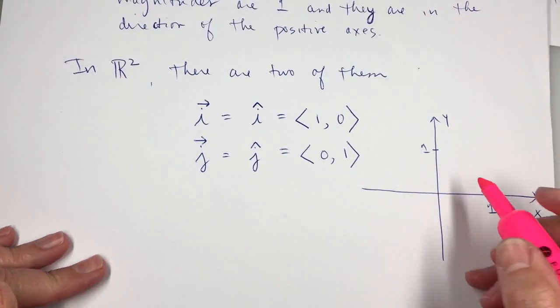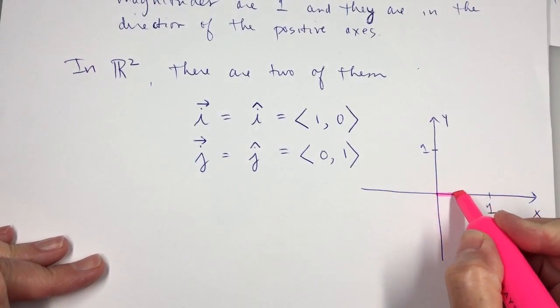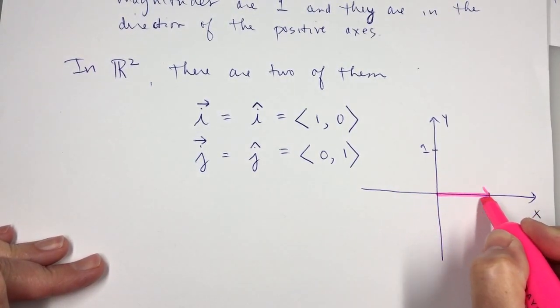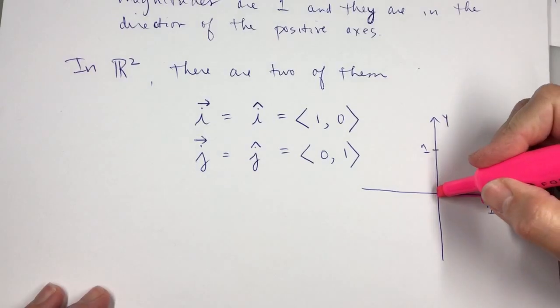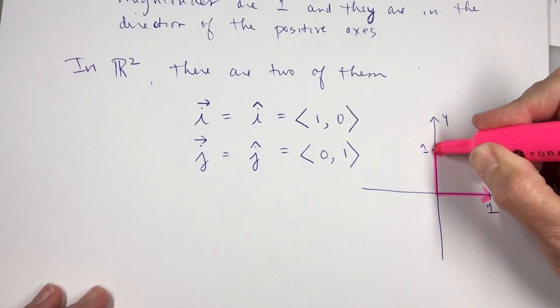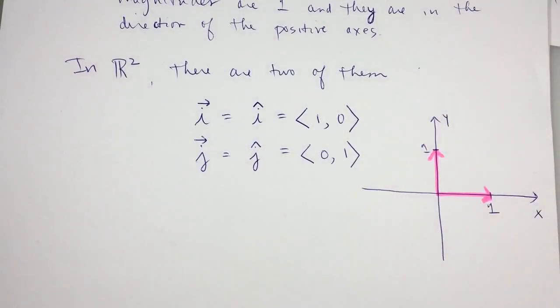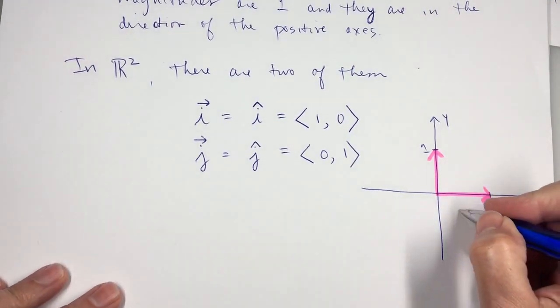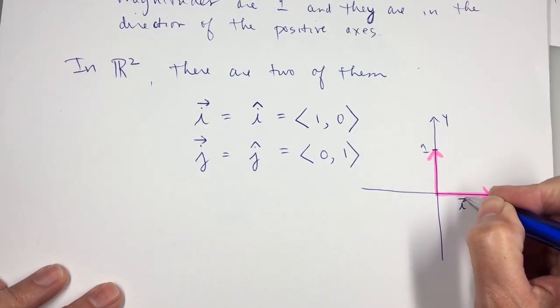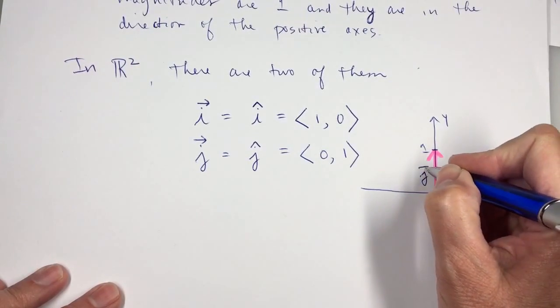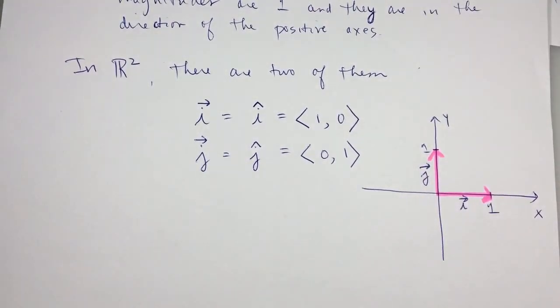So i would be in position form right here, and j would be along the y-axis. So vector i and vector j. And it does not matter to me if you use the hat or the arrow.